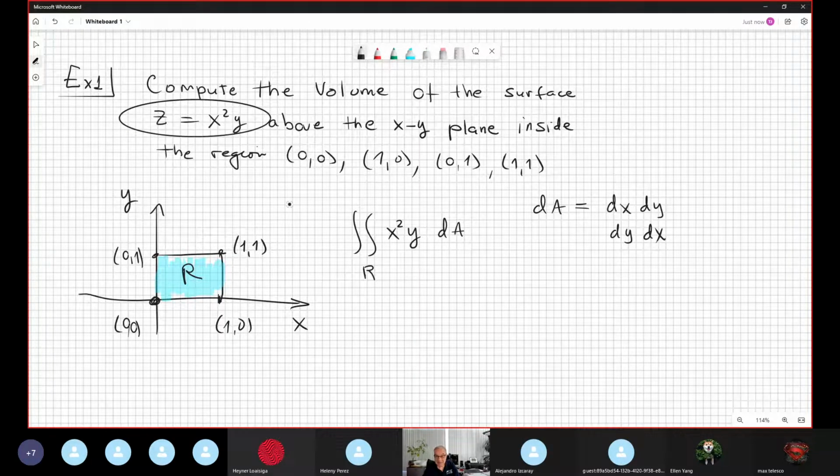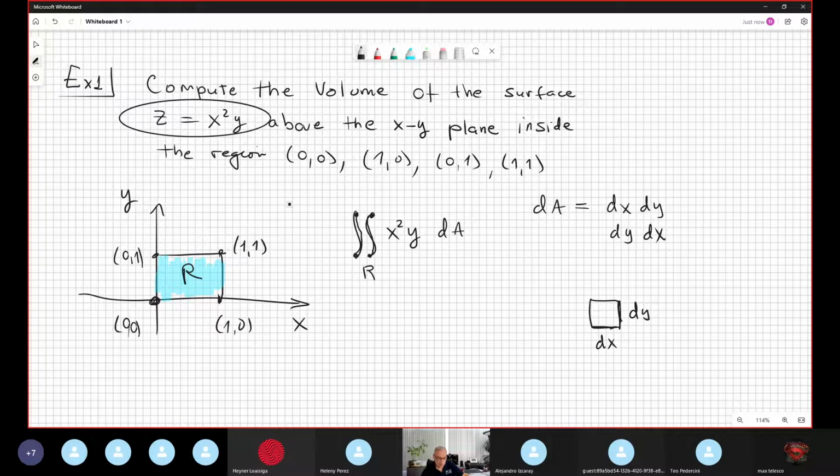Actually, dA is in the partition one infinitesimal rectangle, not necessarily square, and this segment is dx, and this segment is dy. So we can interpret the action of the integration. When you are doing this symbol or this symbol, the action of the integration is stretch.